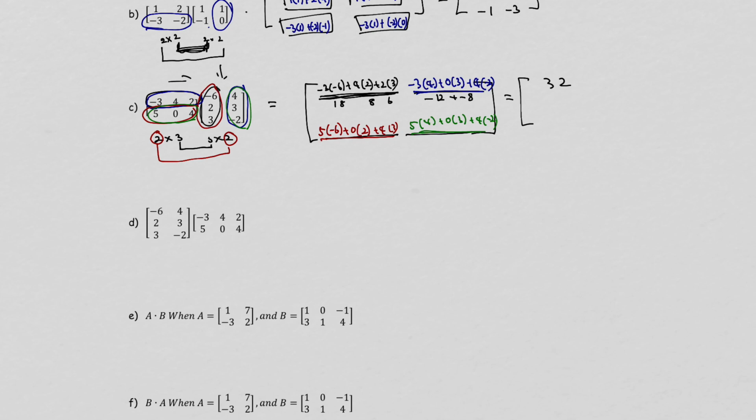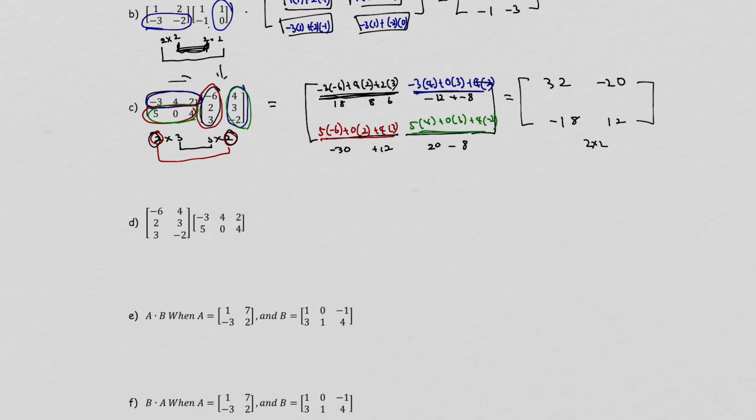So that gets negative 20. And this is negative 30, 0, and plus 12, so it will be negative 18. This is 20 minus 8, so it will be 12. So I do have a 2 by 2 matrix. So that's how you're going to do your multiplications.